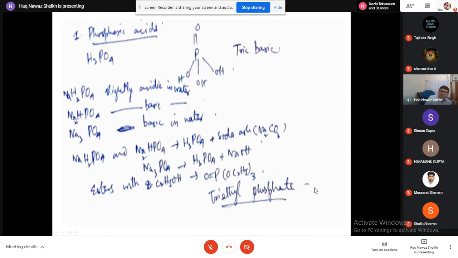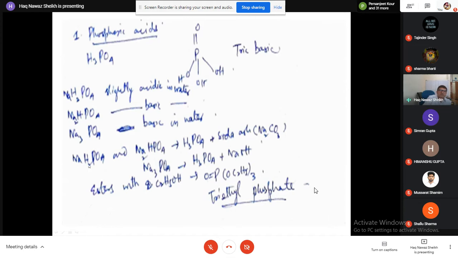Because the base generated is very strong, the solution is slightly basic. Then you have sodium phosphate, when the third hydrogen has also been replaced by a sodium ion. This salt is strongly basic in water.